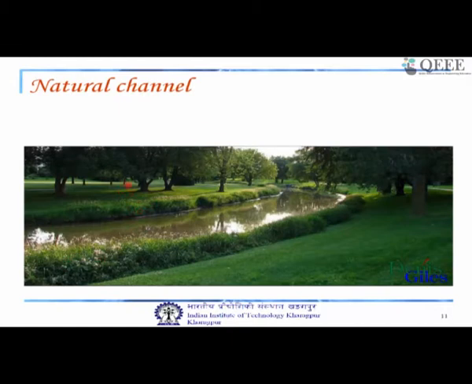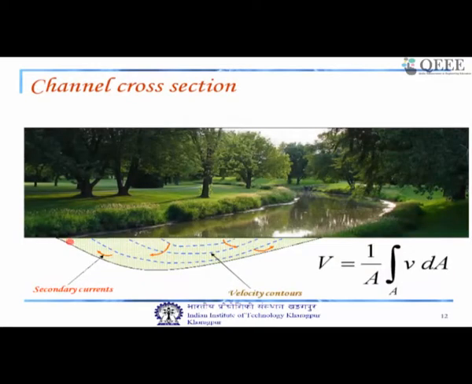This is a typical natural channel, and in this one, if we check the velocity distribution at any particular cross section, you can see these velocity contours. There will be variation, and you can also see the secondary currents there.